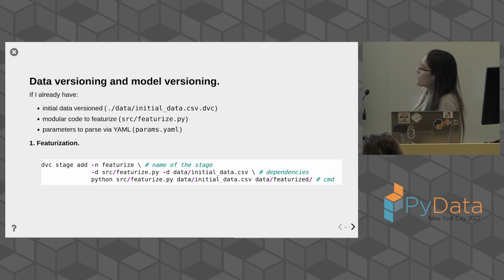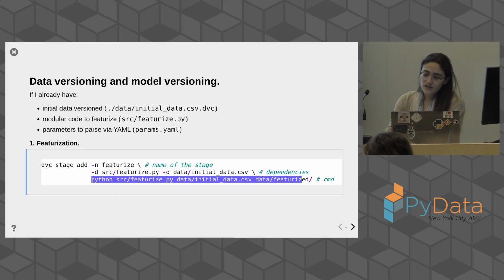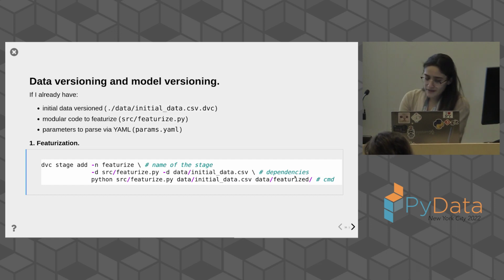So what do I want to do? I have initial data, I already have the code to featurize, and I want to pass parameters. I just want to create one stage in my pipeline with these different flags. I have the name featurize, the dependencies labeled here with the -d flag, and then the Python code I want to execute, the command line.